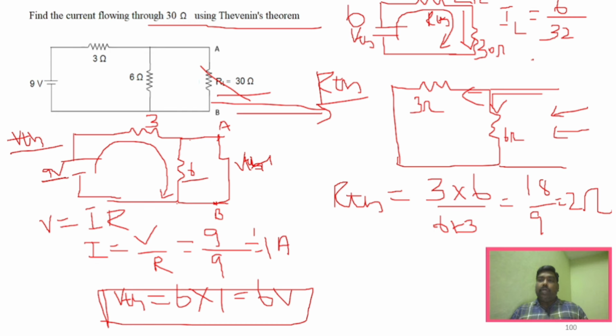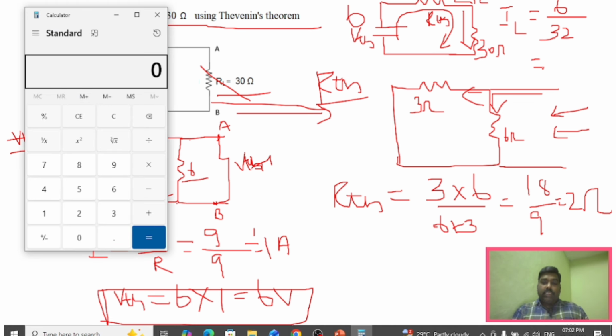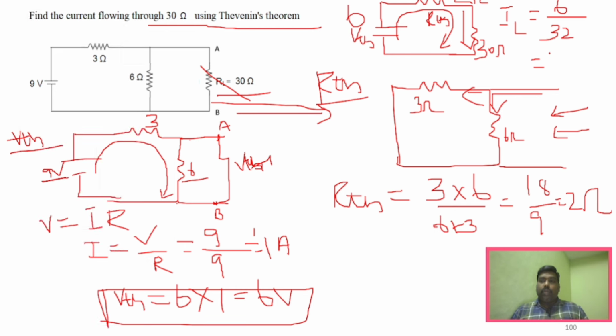So now what will be the value? 6 divided by 32. So it will be 0.1875. That is the current. So what is the IL current? IL current is equal to 0.1875 ampere. This is what we obtained, correct?